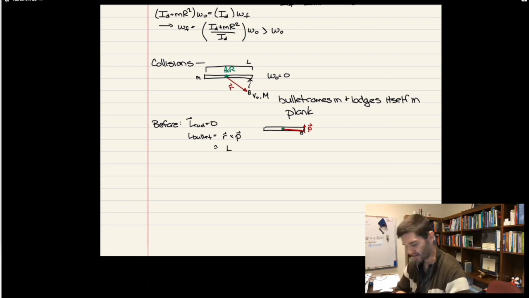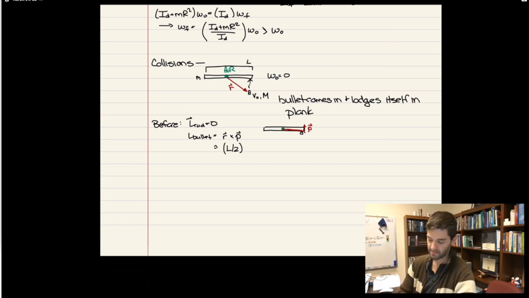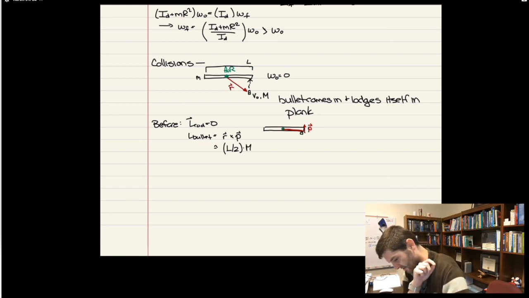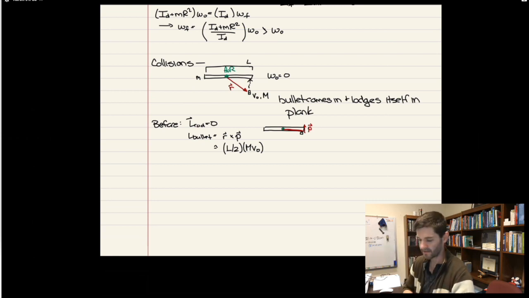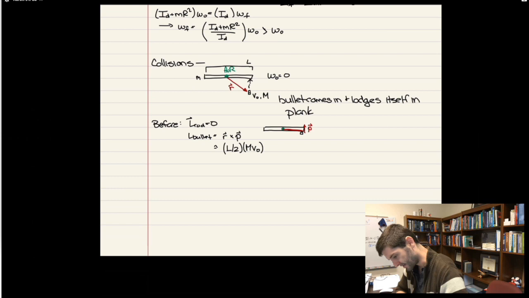If I think of the bullet as a point, R is just half the length of the rod, the length from the center of the rod to the edge, times the momentum of the bullet, which is mv0.